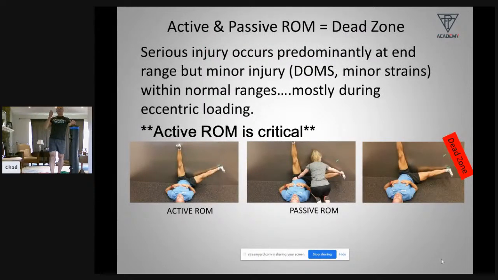So that area is a neurological dead zone, which means the tissue extensibility is available to me, the joint capsule space is available to me, but I can't access it through my own cognitive, voluntary contraction.